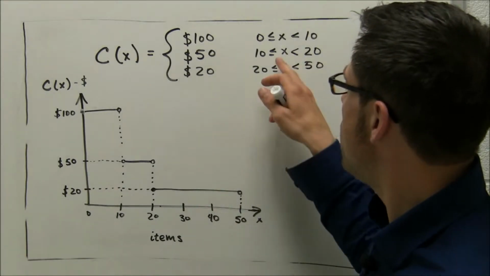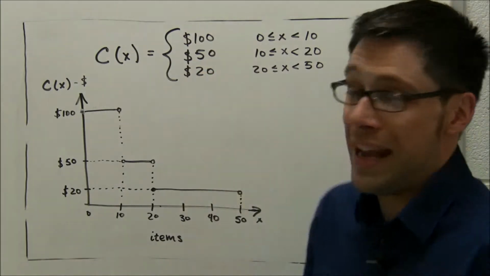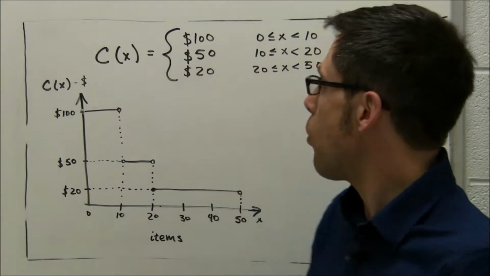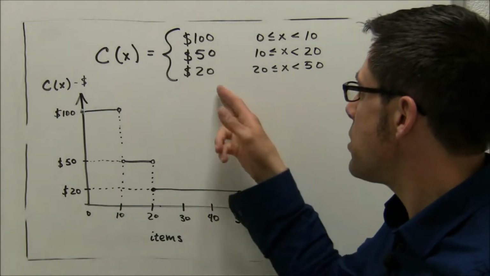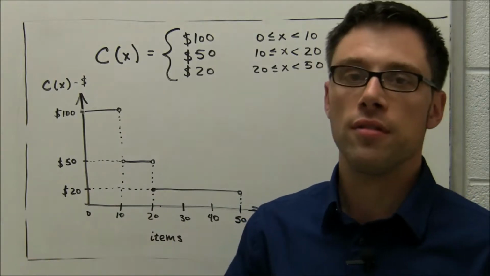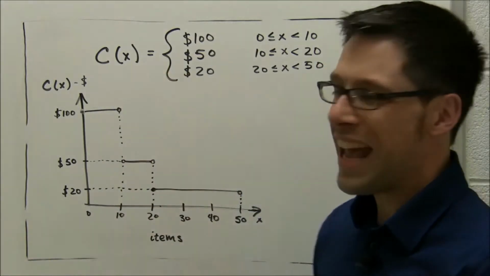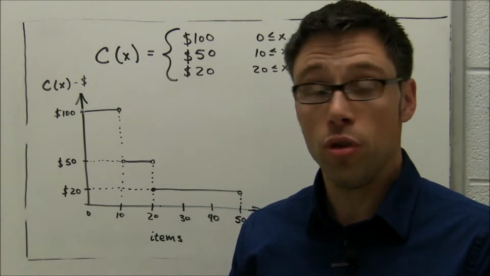The next 10 items, from 10 to 20, the cost is dropped by half. If you produce between 20 and 50 items, it's going to cost $20 per item. So the more items you produce, the cheaper it is. This is just a cooked up example, but it's certainly an idea that does have some truth to it.